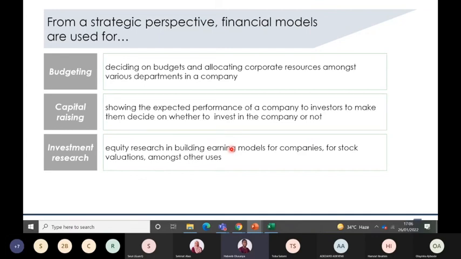So a financial model helps you forecast, for example, if you're working in an equity research firm, what's the likely performance of this stock in 3 to 5 years, right? Building a model helps you analyze, based on the inside information you're able to get from the company as an equity researcher, what the expected performance of this business is. Based on that, you can advise your clients on whether to buy the stock or not, and to know when to sell or not, depending on the amount of information you have.